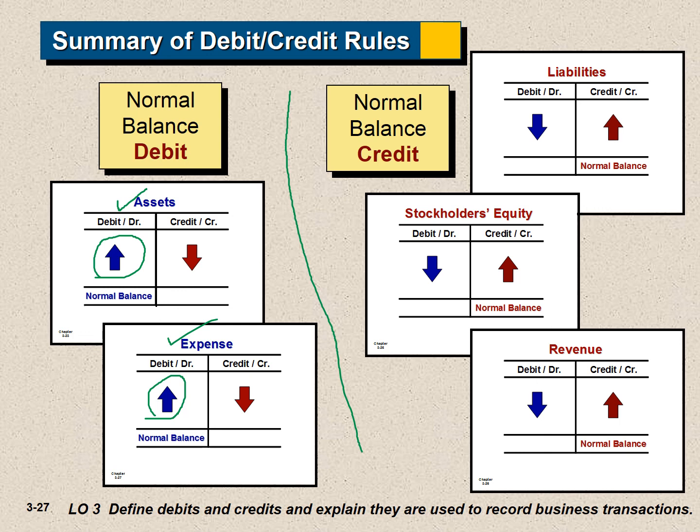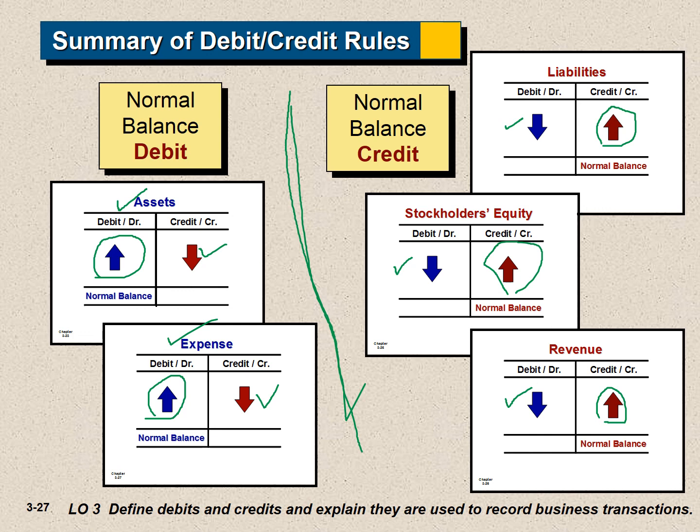But notice on the other side of my little green line here that the opposite is true. Credits increase liabilities, stockholders' equity, and revenues. And then, of course, the opposite is true for decreases. For assets and expenses, credits decrease those accounts, but for liabilities, stockholders' equity, and revenues, debits decrease those accounts.